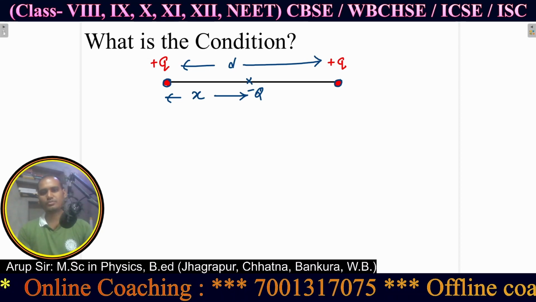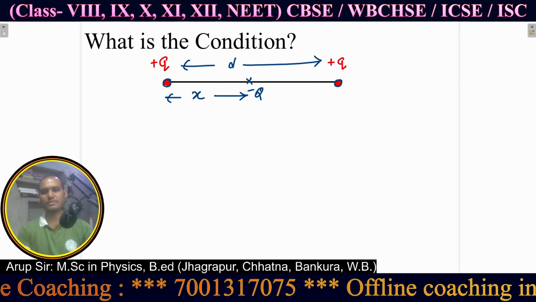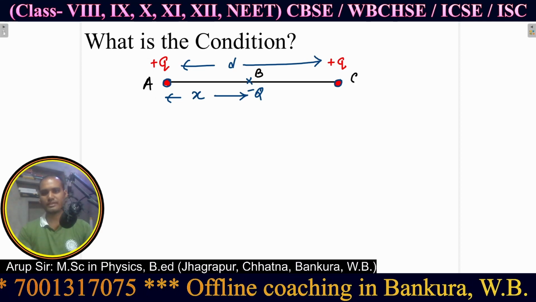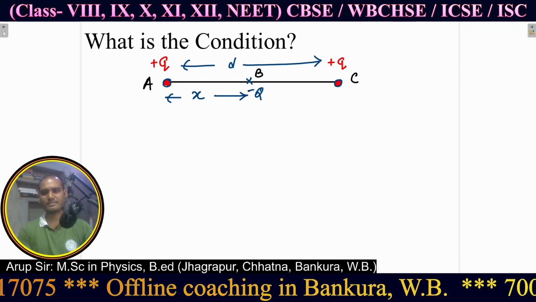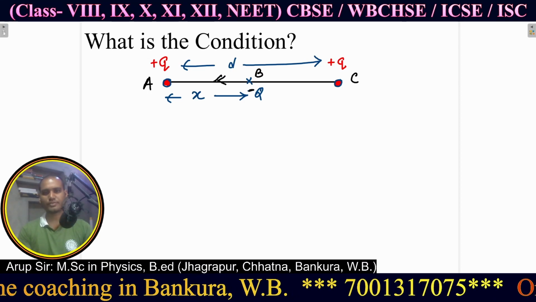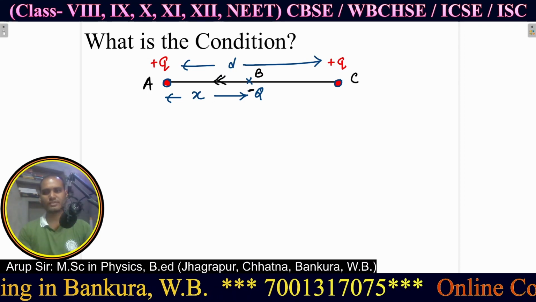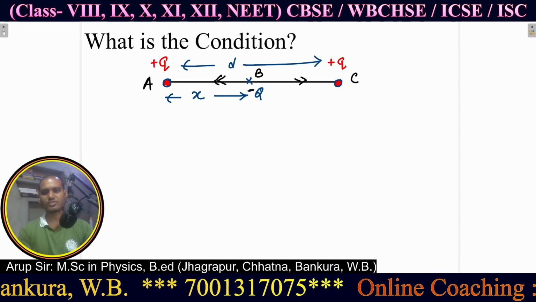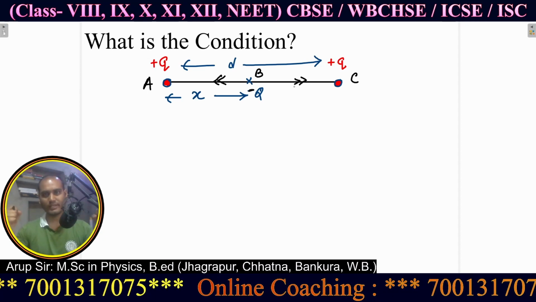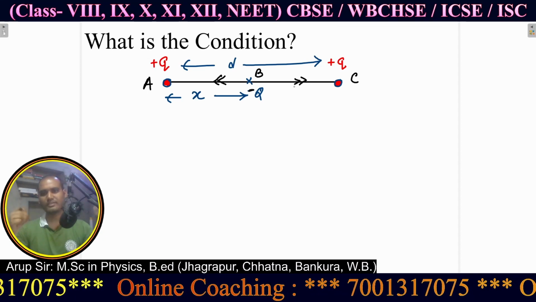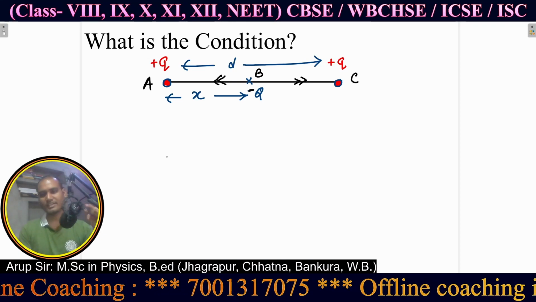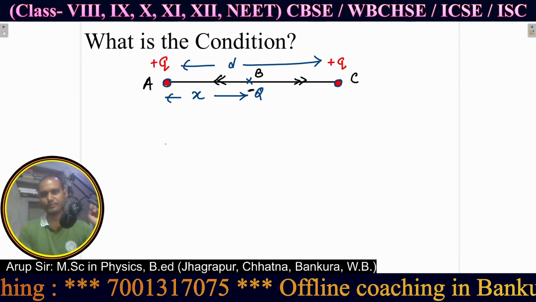Since the system is in equilibrium, if this point is A, this point is B, this point is C, then this minus q charge is attracted by this positive charge, and this positive charge is also attracting this minus q charge. If these two forces are equal, then obviously the system will be in equilibrium, right? In equilibrium means the net force on that charge is 0.